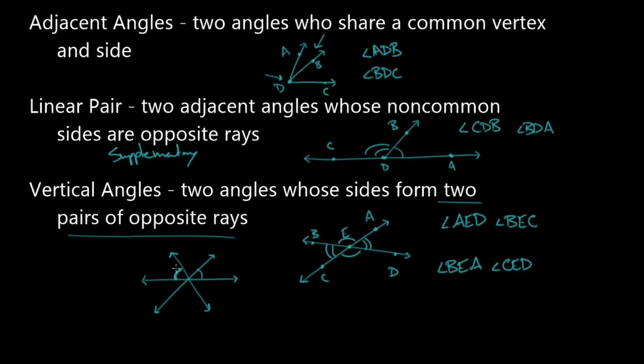This angle here will be a vertical angle to this one over here, and then it'll be a linear pair to this larger angle. So it's just something to be careful about that we'll get a little bit of practice with, but here's a set of 5 different definitions for pairs of angles. The first set had to do with their measures, and the second set just has to do with their location in space.